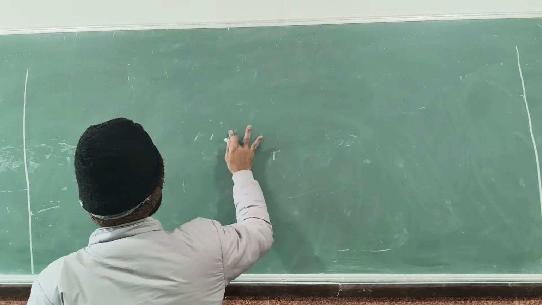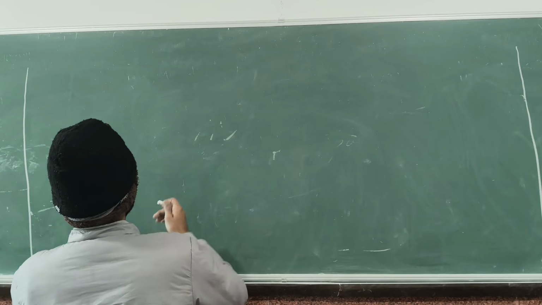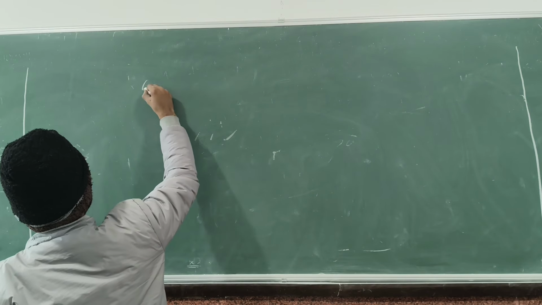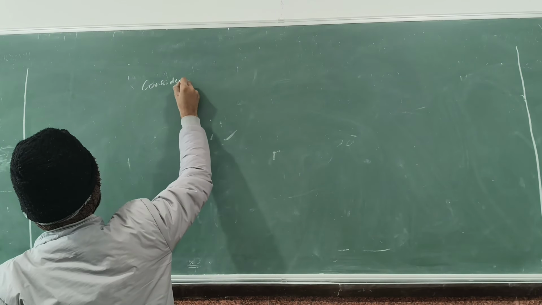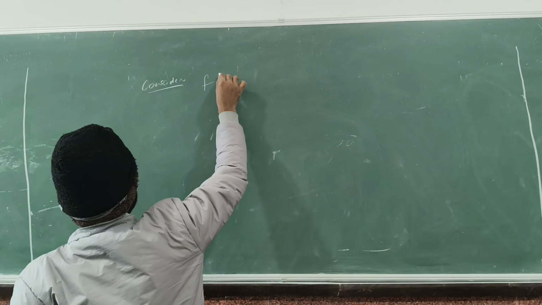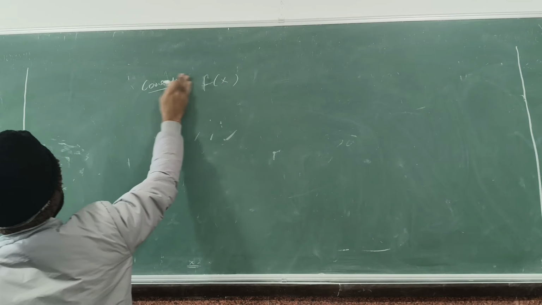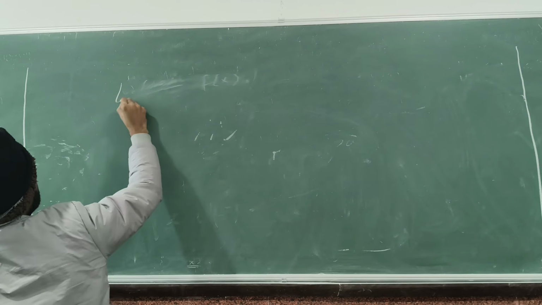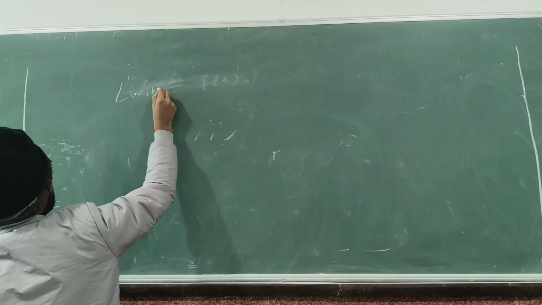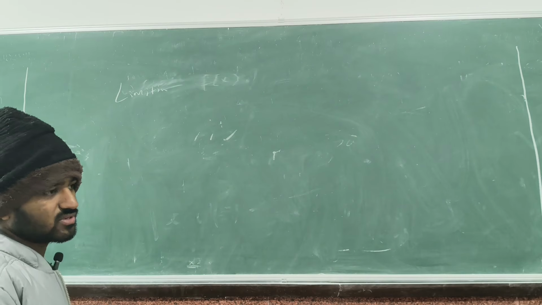So let us consider an example f(x). Okay, limiting, our neighborhood of a real number finished.